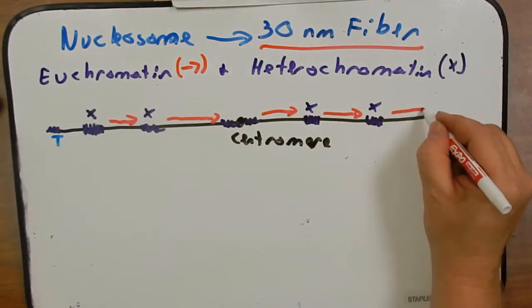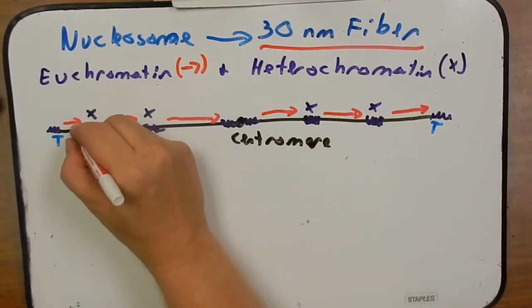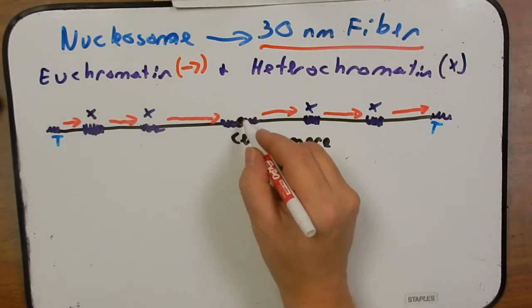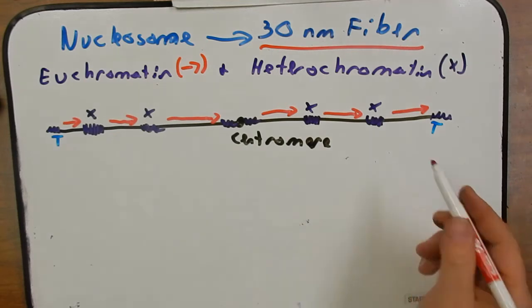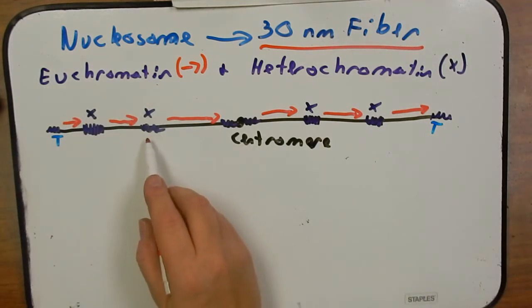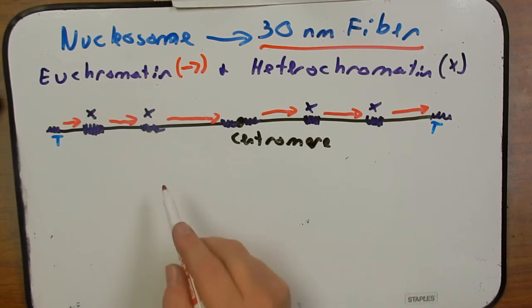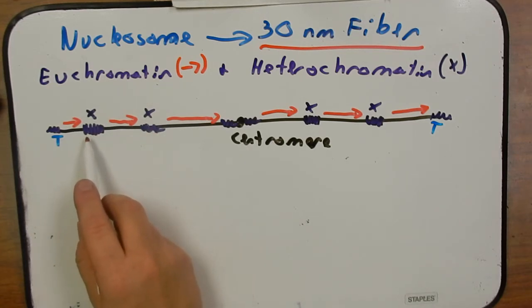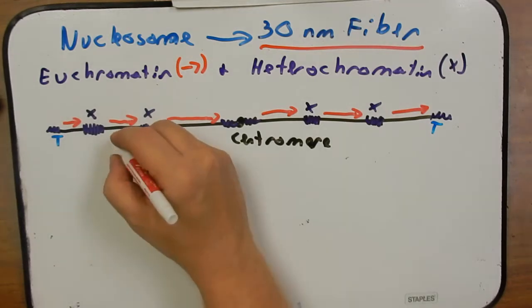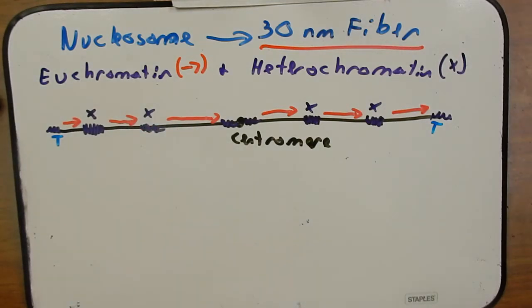And these areas are transcriptionally active. There are never genes found near the telomere or next to the centromere, because they're always heterochromatin. But in these areas here, depending on the tissue and the species and the time of development, some areas are heterochromatin and some areas are euchromatin. And there is a degree of back and forth between these two structures.